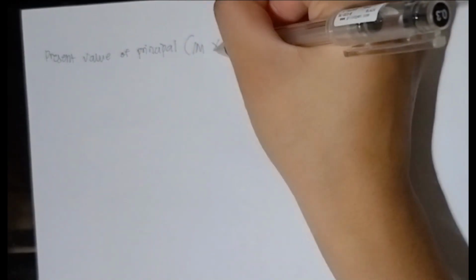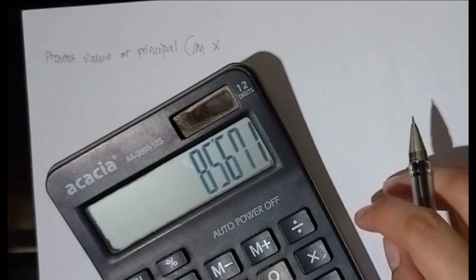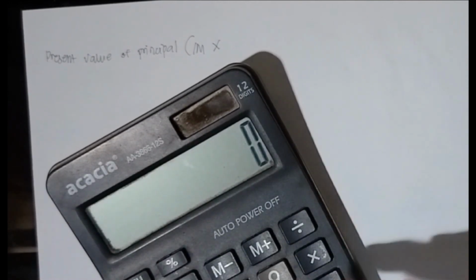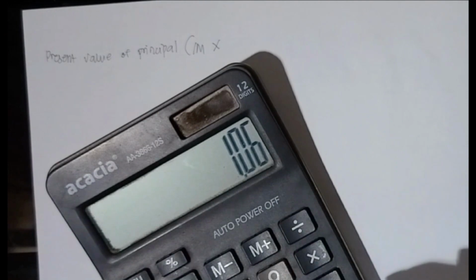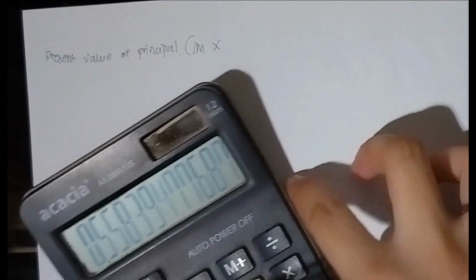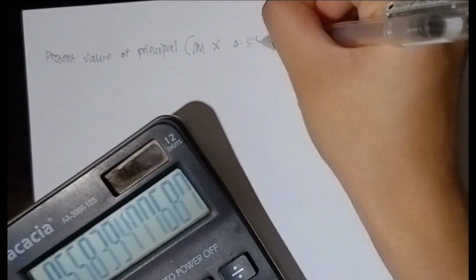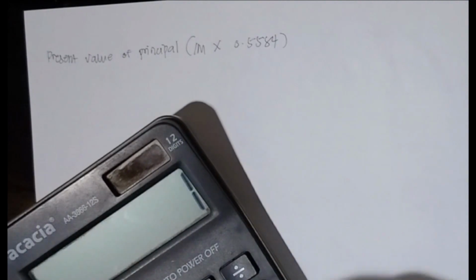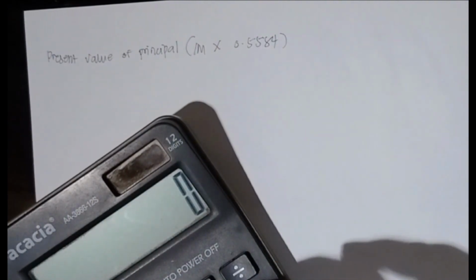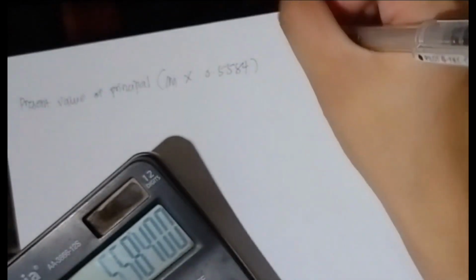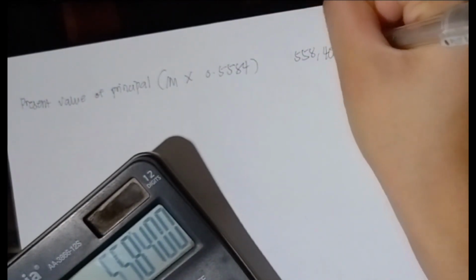So we have here the present value of principal, which is equal to 1 million times, using the effective rate, which is 6%, so 1.06 for 10 periods, 1, 2, 3, 4, 5, 6, 7, 8, 9, 10. So we get 0.5584. So 1 million times 0.5584, we have 558,400.